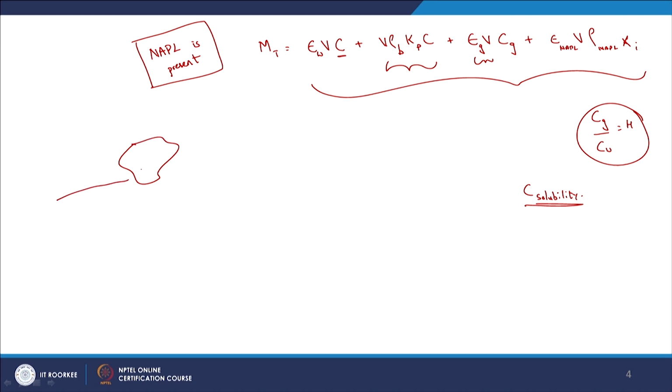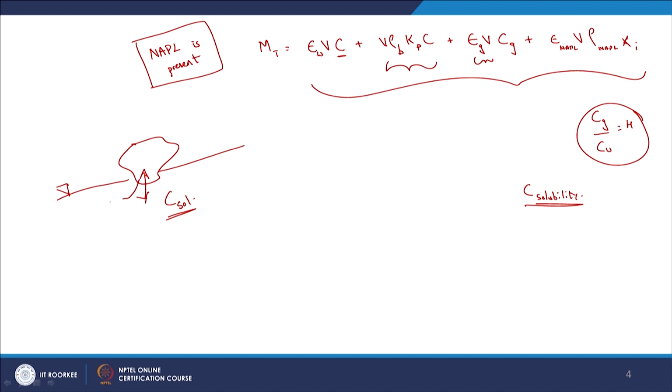If the equilibrium has not been reached, it will typically be less than the solubility, as there is only a maximum concentration that water can hold for any particular compound. So if you have the pure NAPL and groundwater in contact and equilibrium has been reached, the concentration of that compound will be the solubility.